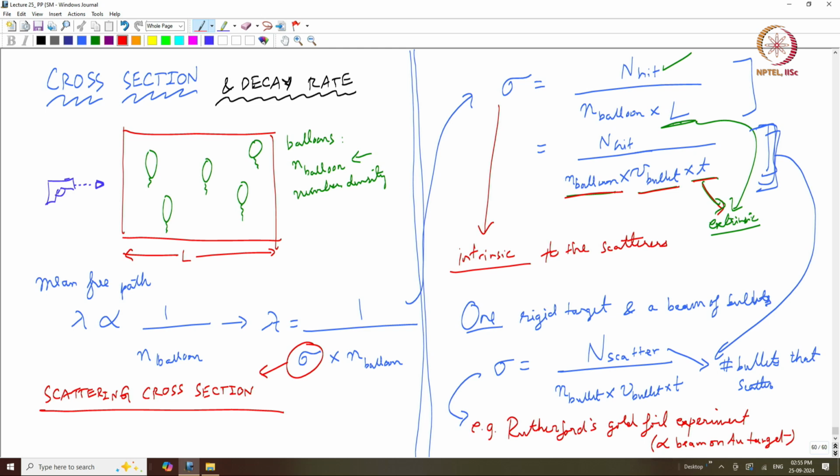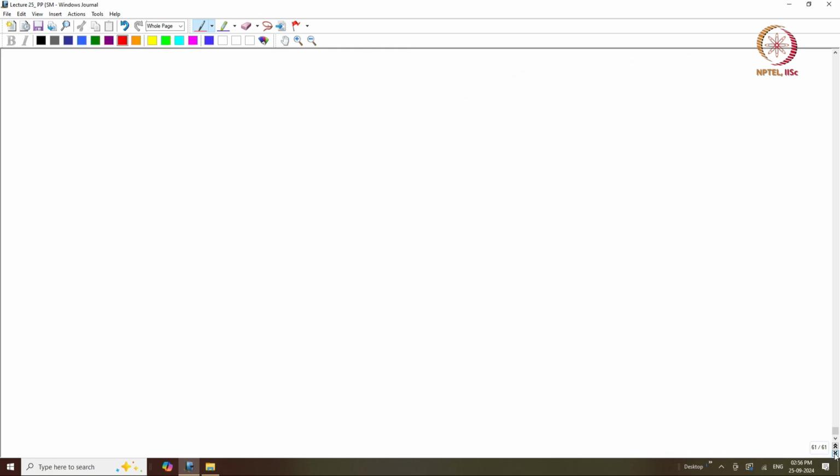He counted the number of scatters. I'm giving a very rough picture of what he did. But then he knew the properties of the beam that he had, and from that he got the cross section. And this is ultimately how he discovered the presence of a nucleus inside an atom. Good? So the strategy here is again to measure the scatter now and get the intrinsic cross section.